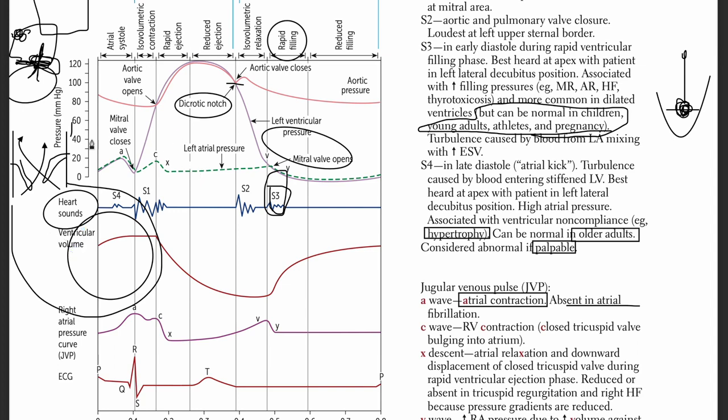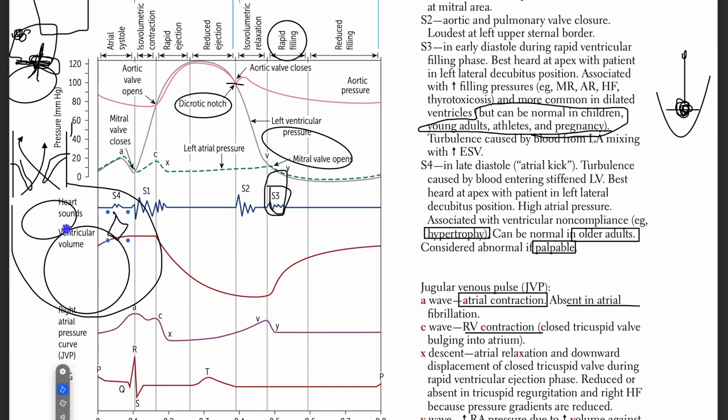That's good enough. Okay, so C is right ventricular contraction, closed tricuspid valve bulges into the atrium. So when this valve closes, and before this valve's opened up, just imagine this is the right atrium and the right ventricle, and this is the pulmonary valve right here.